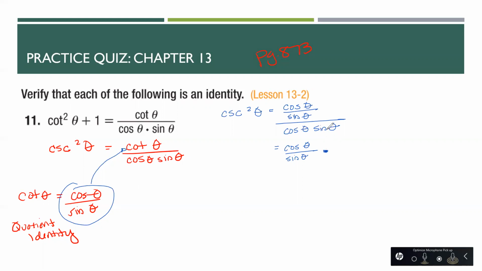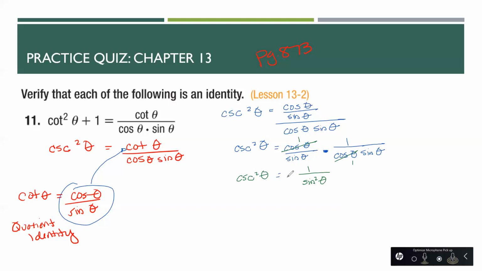So the cosine theta times sine of theta over 1, the reciprocal would be 1 over cosine theta times sine of theta, okay? And over here, we still have the cosecant squared theta, okay? So now I can see that I can cross simplify here. I have cosine of theta over cosine of theta, so that's equal to 1. And then I've got 1 times 1, and then sine of theta times sine of theta is sine squared of theta. And over here I still have cosecant squared of theta.